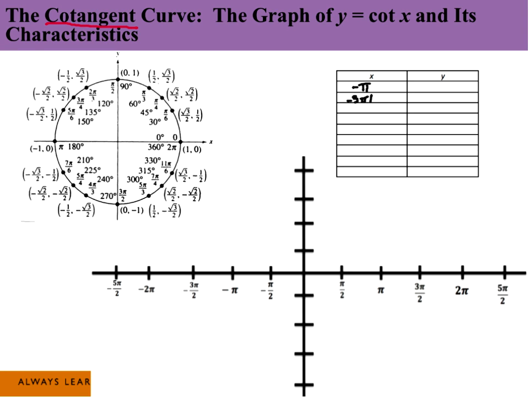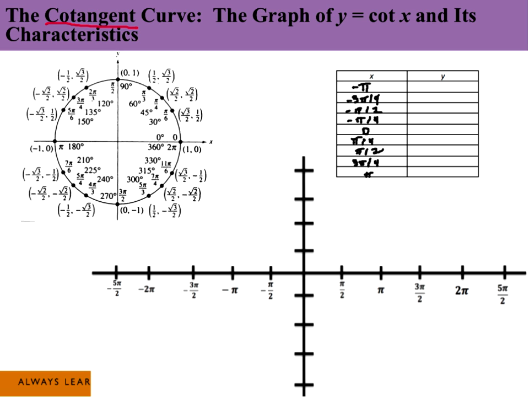Negative pi, negative 3 pi over 4, negative pi over 2, negative pi over 4, 0, pi over 4, pi over 2, 3 pi over 4, and pi. And I actually have enough slots in my XY table for everything.